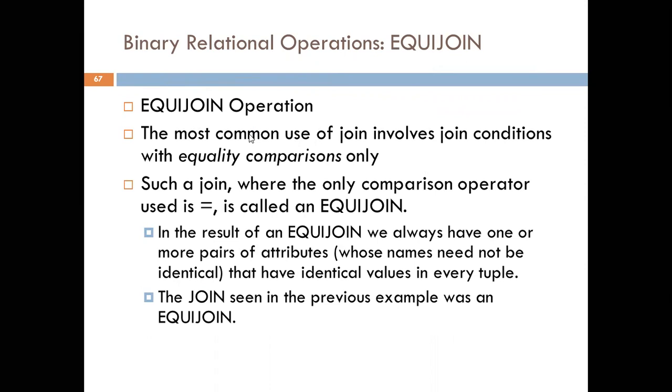Here, if a particular join condition does not have other connectives like less than, greater than, not equal to, then we call it an equijoin. So in equijoin, the conditions will have only equality comparison, only some attribute equal to another attribute. Only if equality is used, then it is called equijoin.